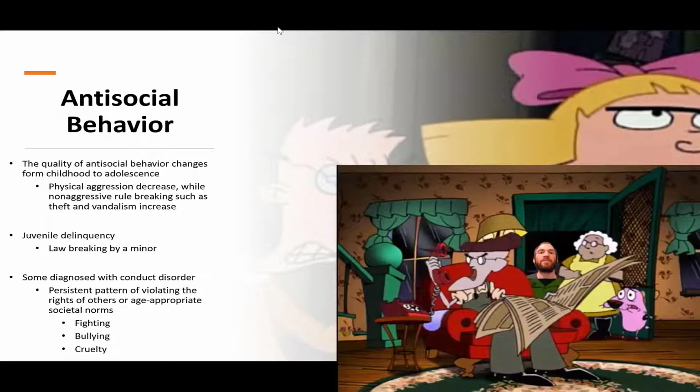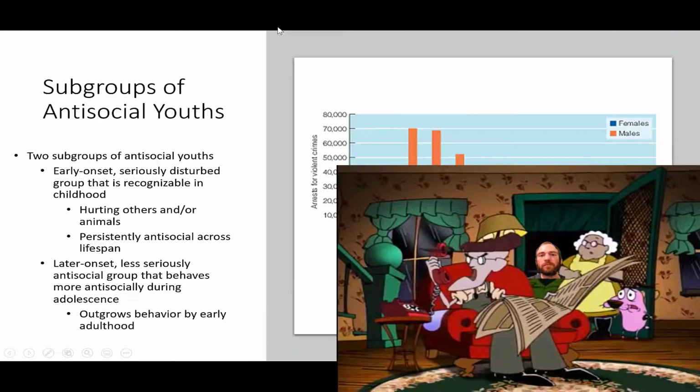But those are more normative changes developmentally, at least in Western cultures, to higher extents. But there is also a more pathological range of antisocial behavior, specifically conduct disorder, where you have persistent patterns of fighting, bullying, and cruelty. And like I stated before, there are two subsets of antisocial youth.